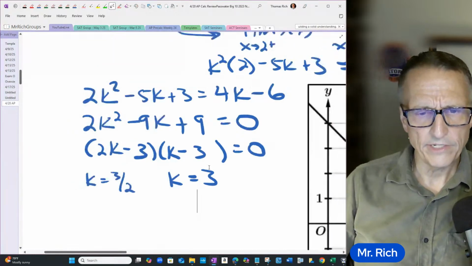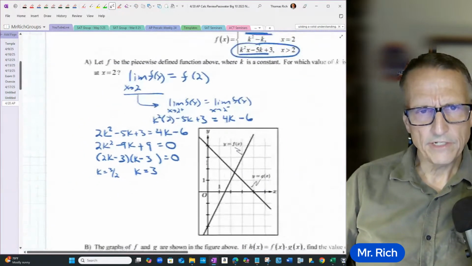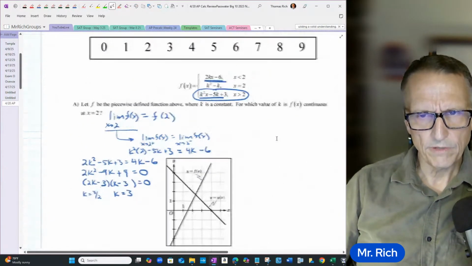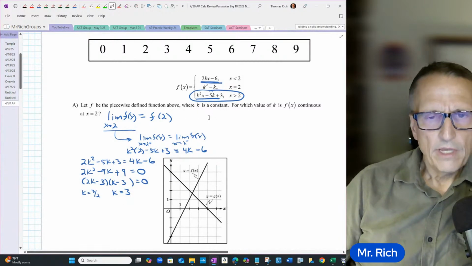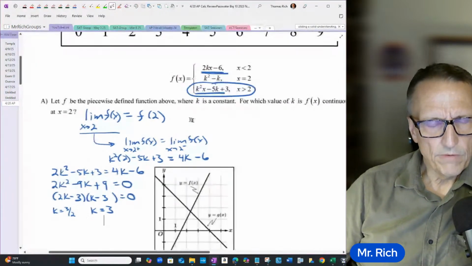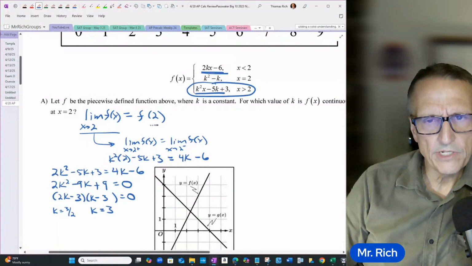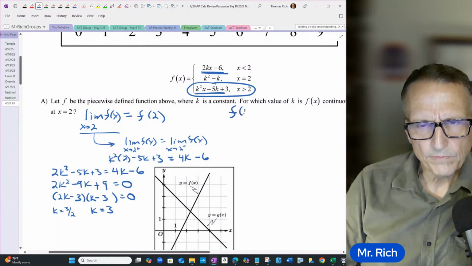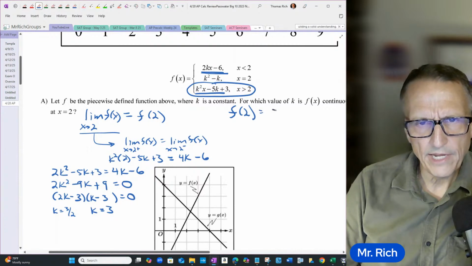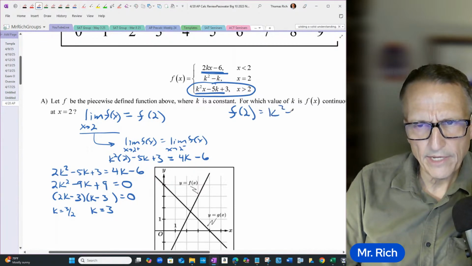But now what I need to do is see which one of those would actually be the one that we want. Now, what is f of 2? We have to come up here and say, what is f of 2? Well, f of 2 is going to be k squared minus k.